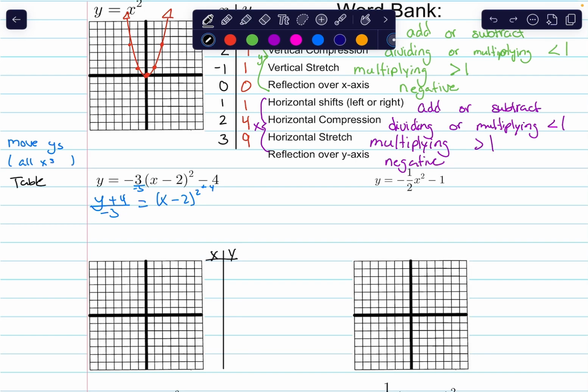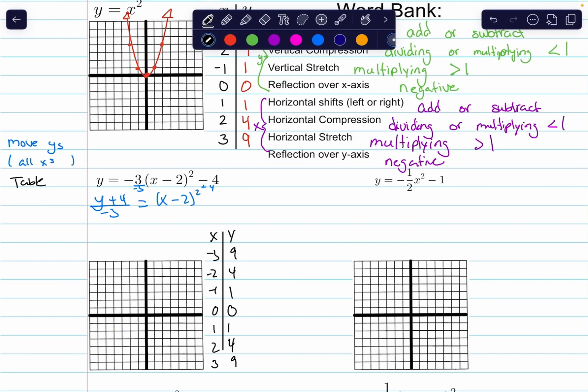We have our original graph, which is -3, -2, -1, 0, 1, 2, and 3. And then it's going to be 9, 4, 1, 0, 1, 4, 9. So that's the original function, right? That's not going to change. So we write that down.